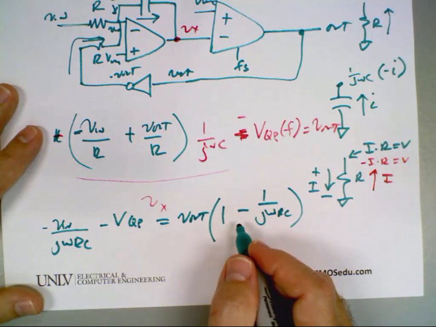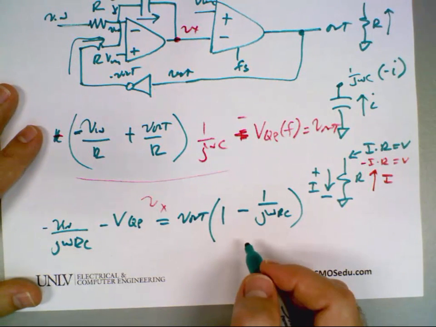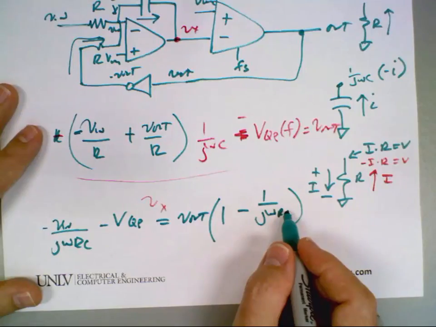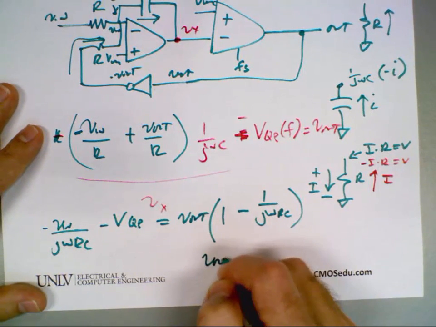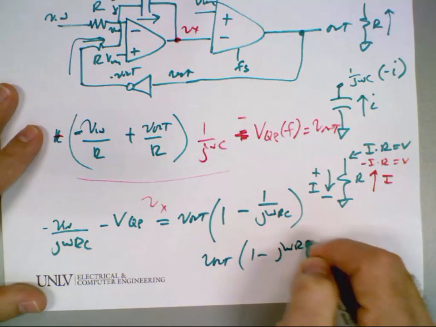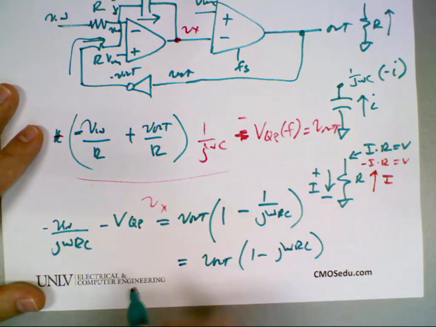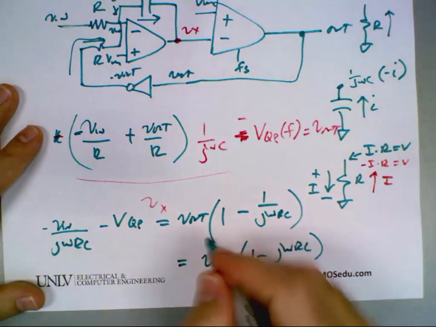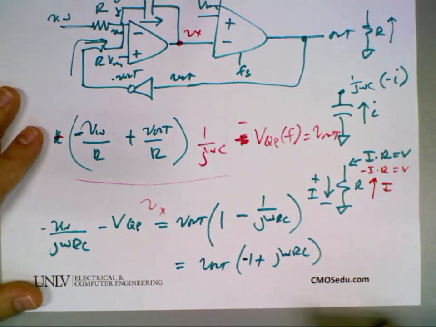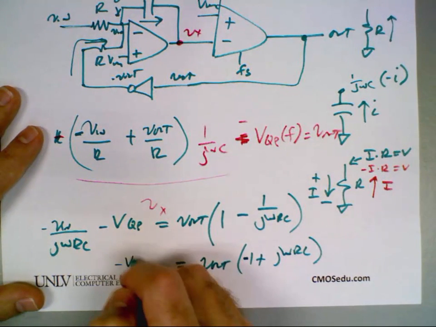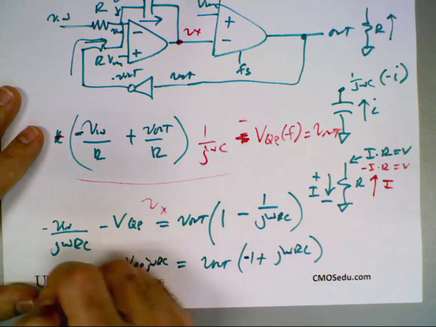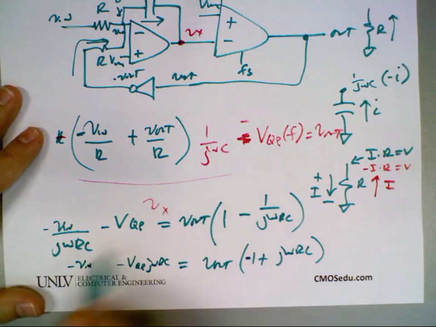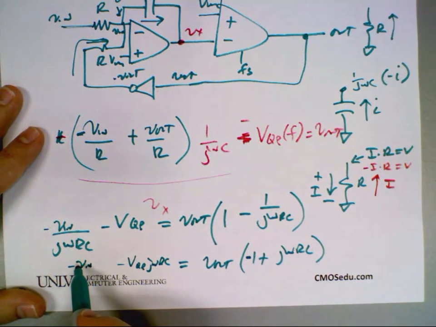And let's multiply both sides by j omega Rc. So this becomes V out times 1 minus j omega Rc, and that's minus VQE times j omega Rc. And that's just minus Vn. So I got a sign mistake because Vn's not going to be negative.